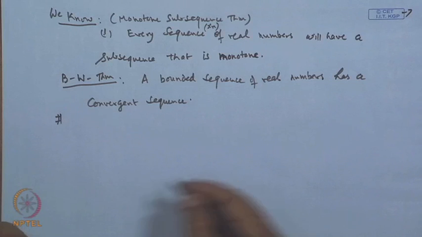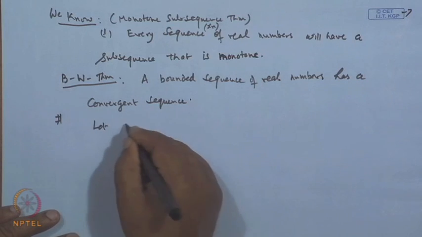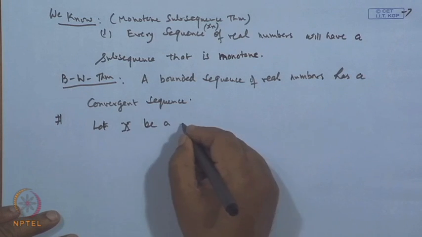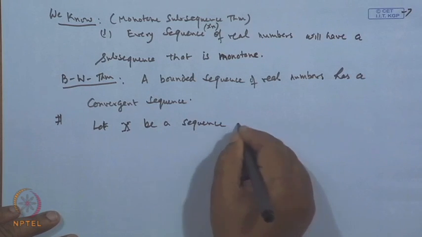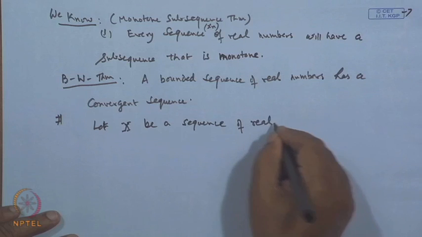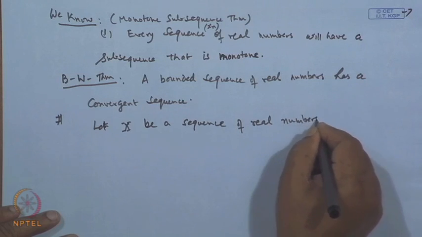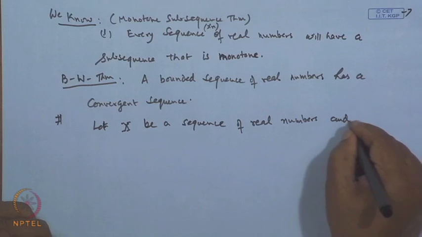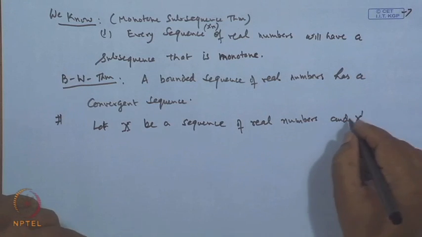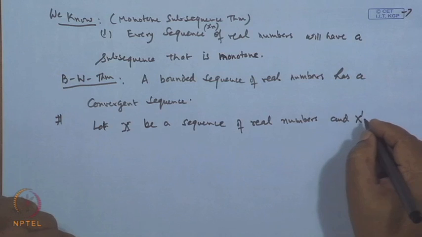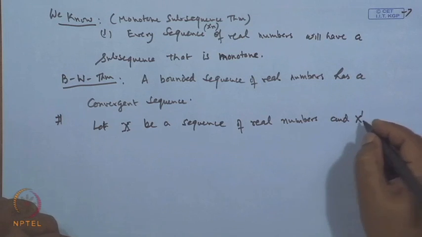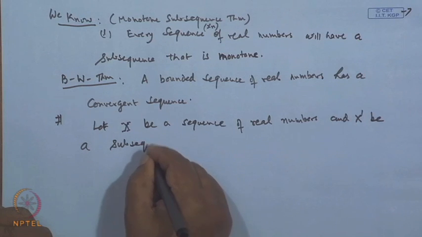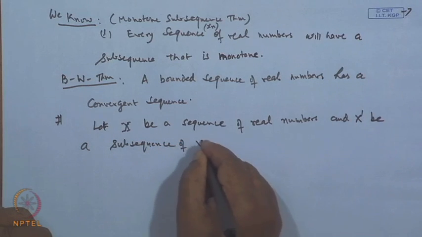Let x be a sequence of real numbers, and let x dash be a subsequence of x.